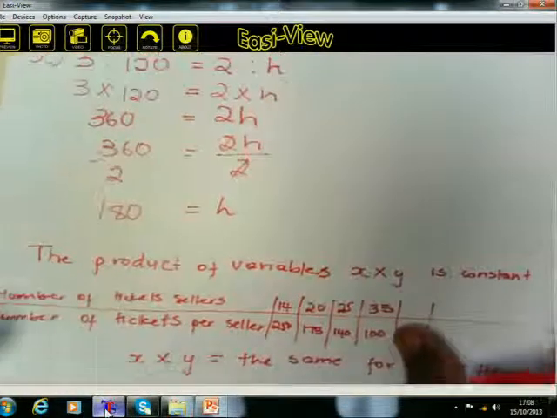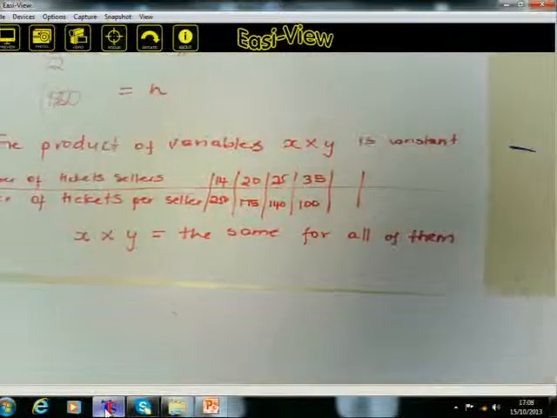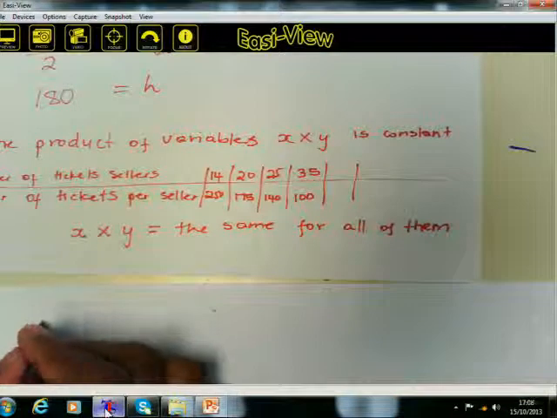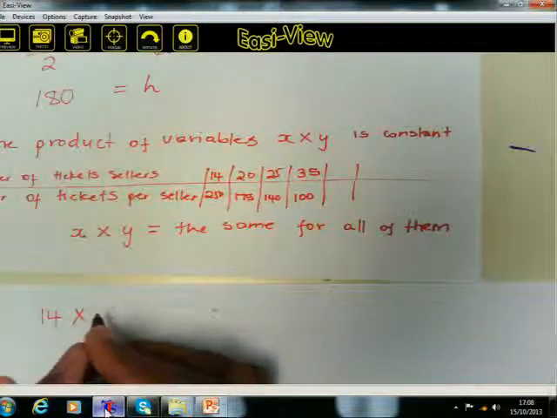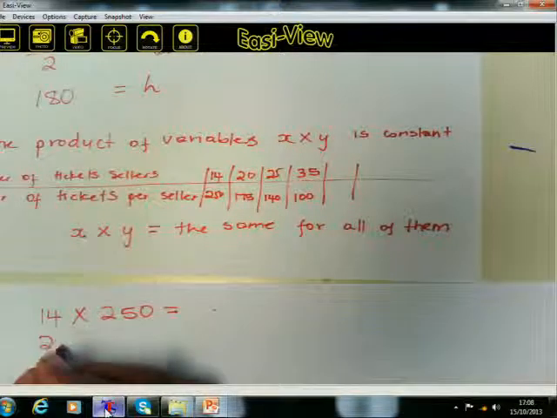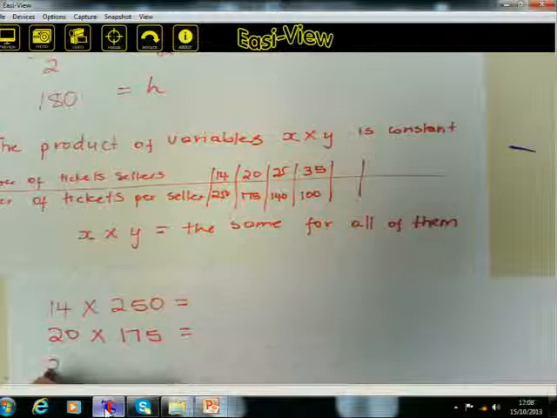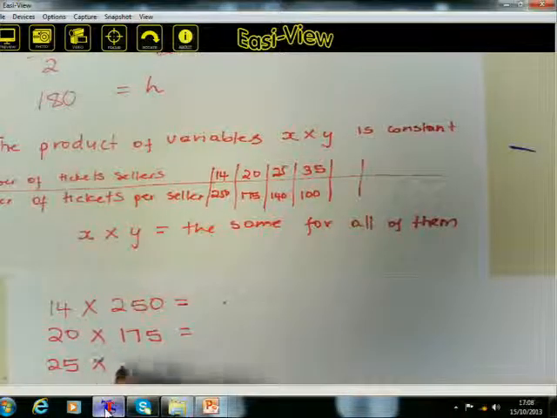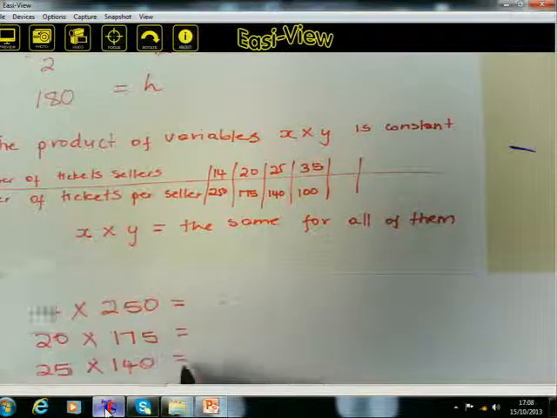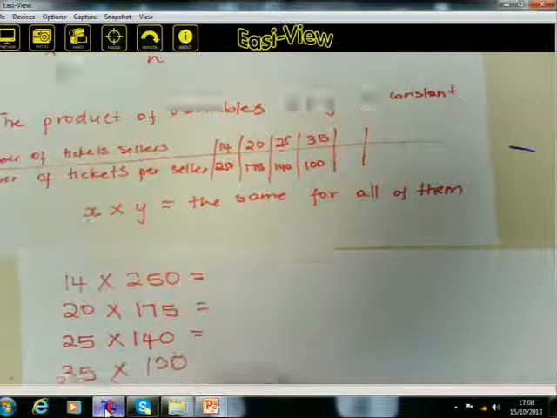So now let's just see whether x multiplied by y is going to be constant. We have 14, let me write them all down, multiplied by 250. We have 20 multiplied by 175. We have 25 multiplied by 140. And then we have 35 multiplied by 100.